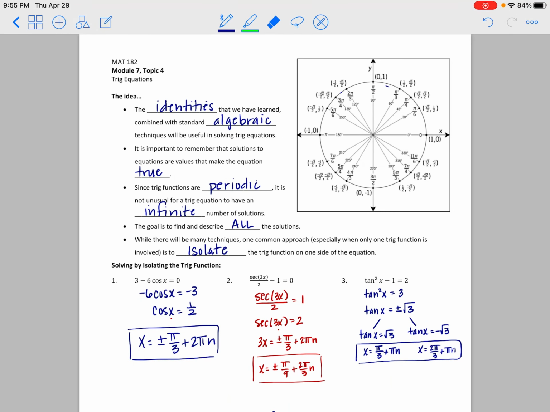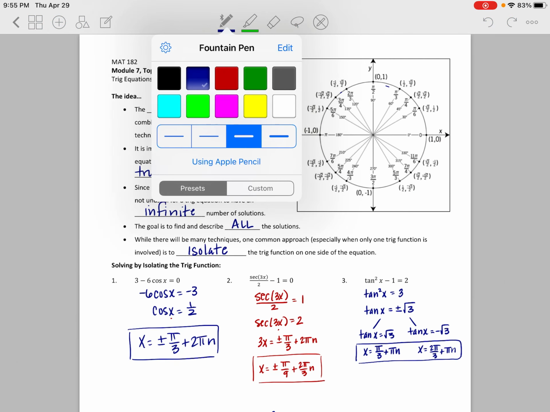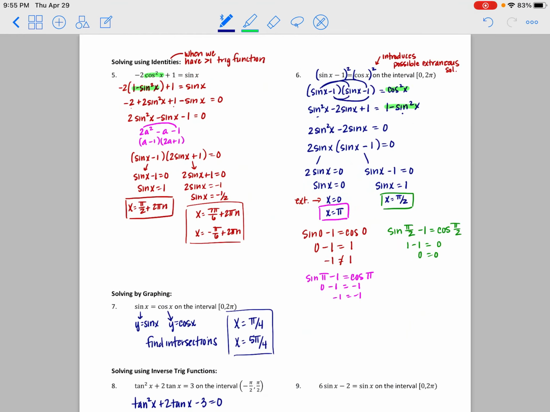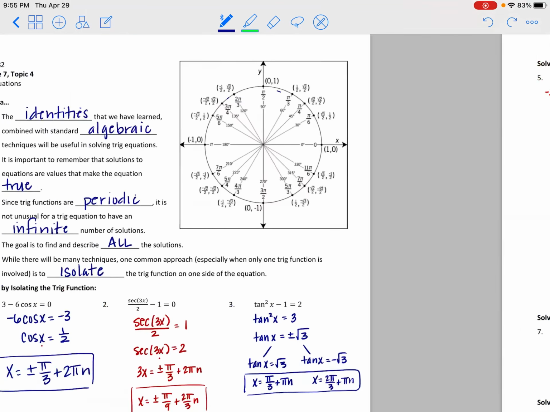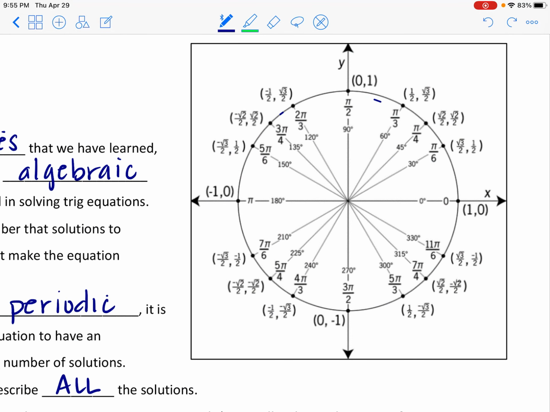Let me go back. Oh man. Sorry. I always swipe and erase, and I don't mean to do that. Okay. Yes, this one was restricted from negative pi over 2 to pi over 2. So we said tangent was going to be equal to 1 right here, and from pi over 2 to negative pi over 2, that's this area here.